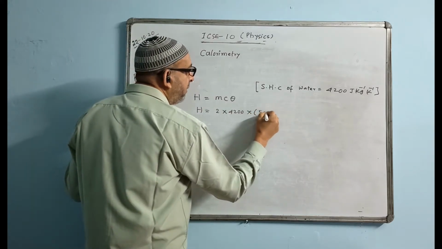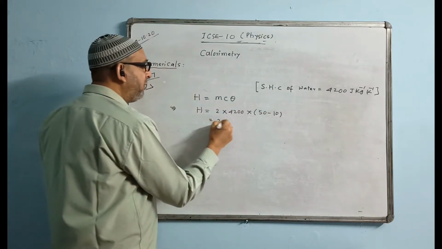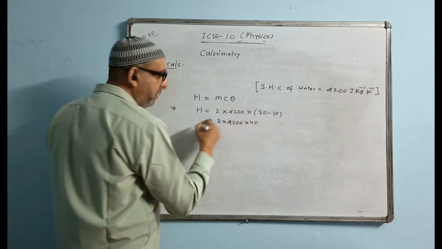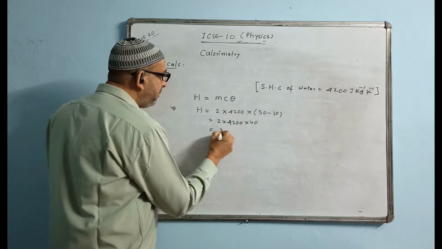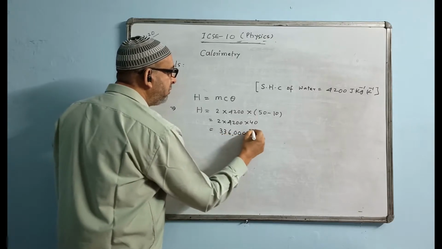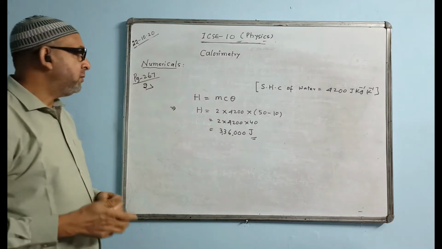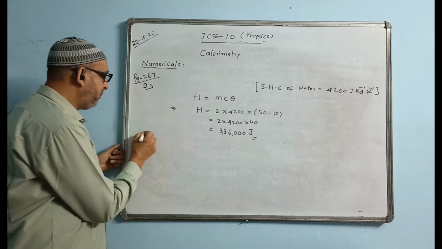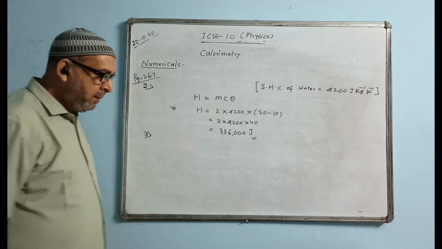Now calculate: 2 into 4200 into 40. Multiplying everything, the answer will be 3,36,000 joule. That is the answer. So this is quite a simple one. Now question number 3, example 3 on the same page. So I read the question.